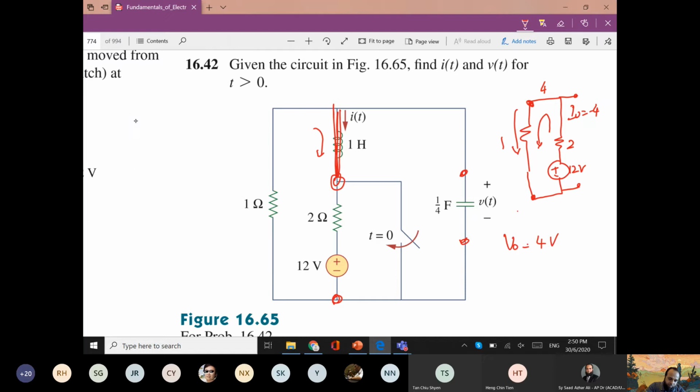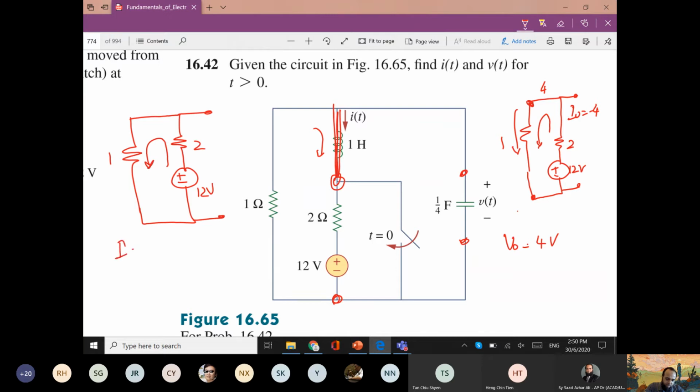Volts, and 2 and 1, this is where the capacitor was. Due to the direction of the source, the polarity, the current is like this, plus minus.